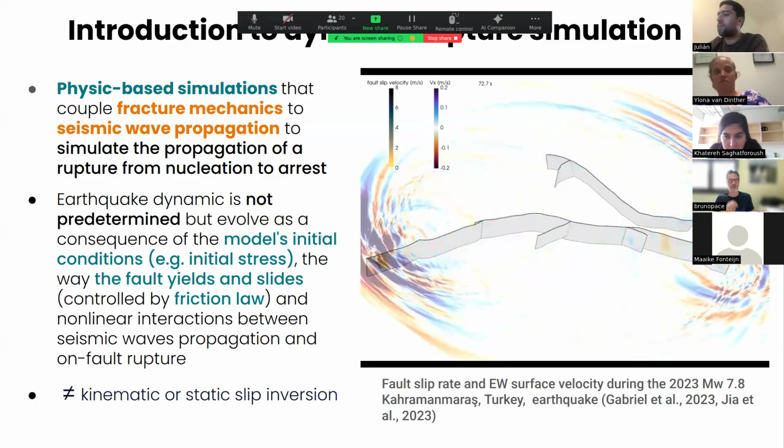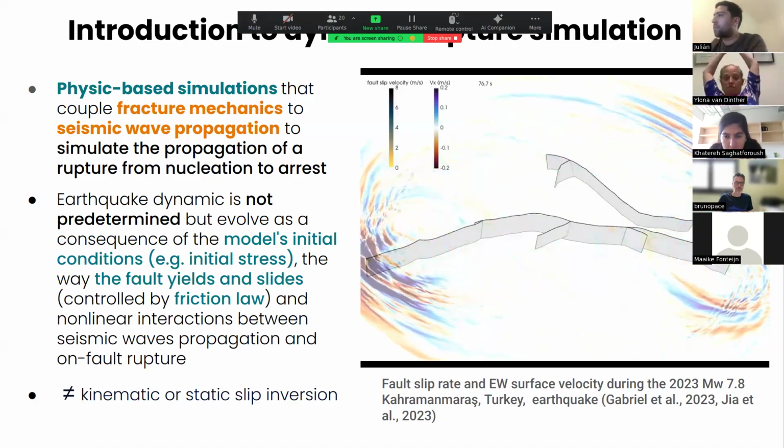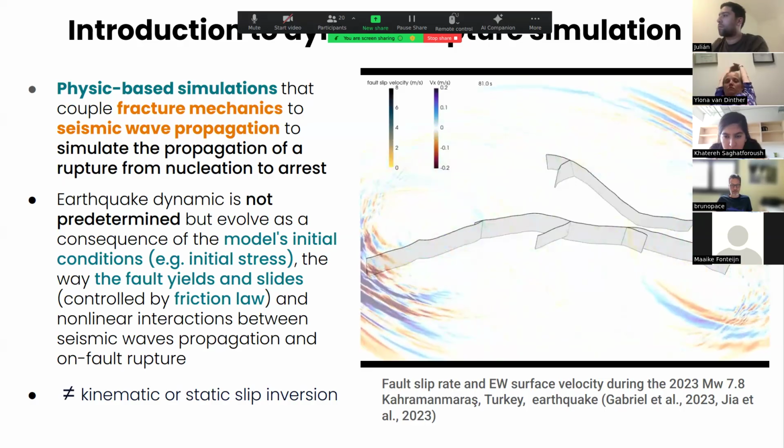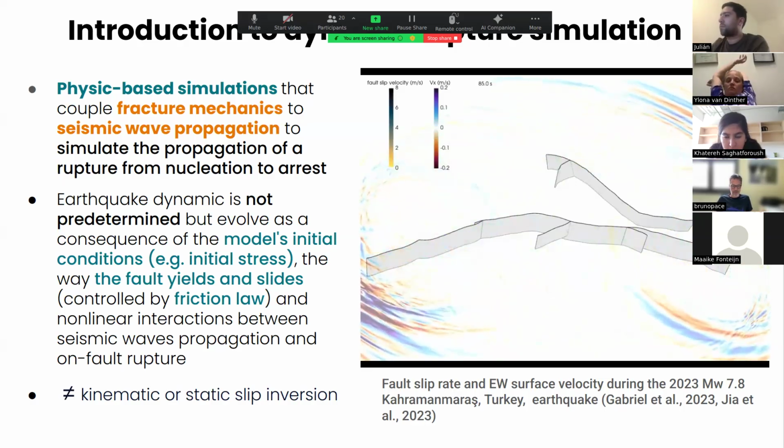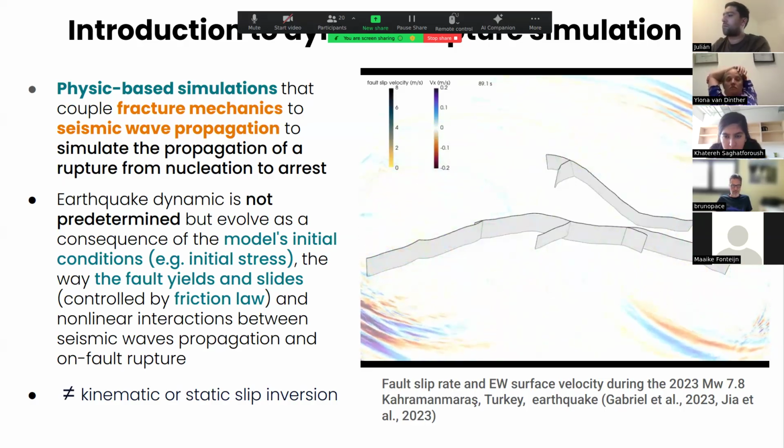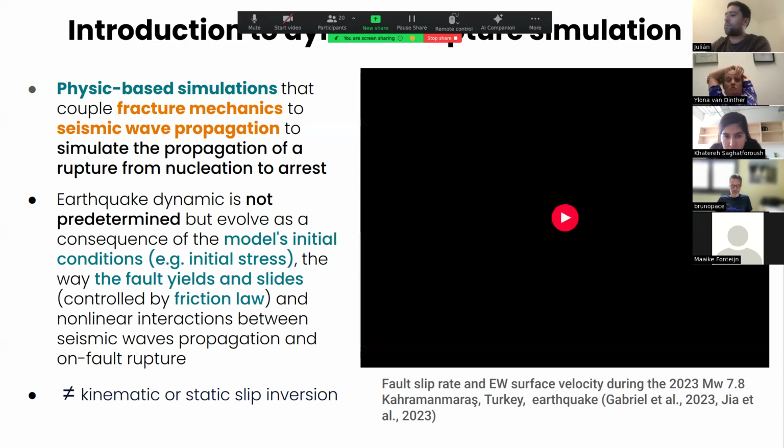In this kind of model, the outcome of the simulation is not predetermined, but evolves as a consequence of the model's initial conditions and the way the fault yields and slides, which is controlled by the friction law.